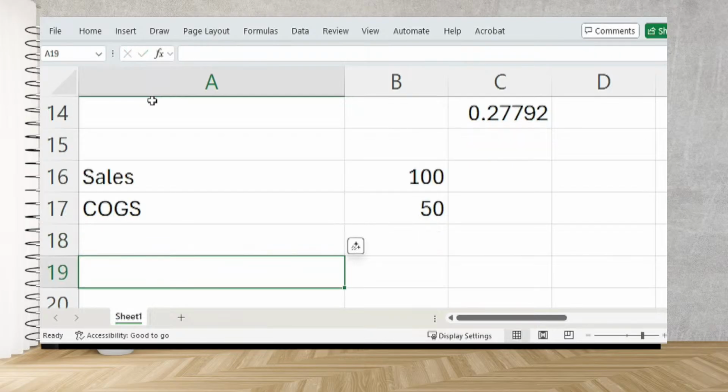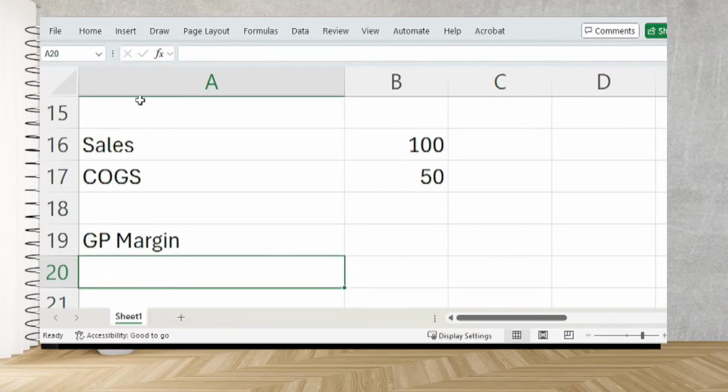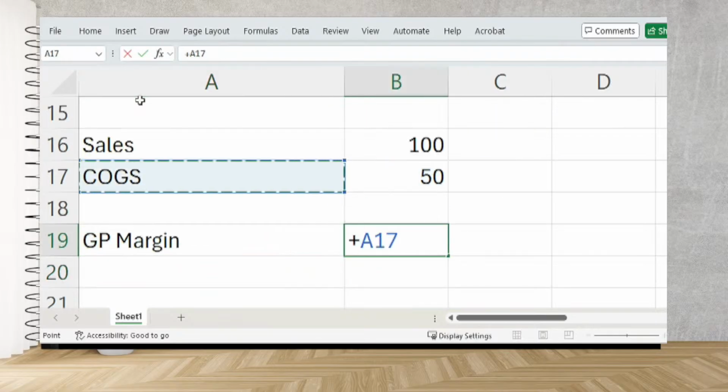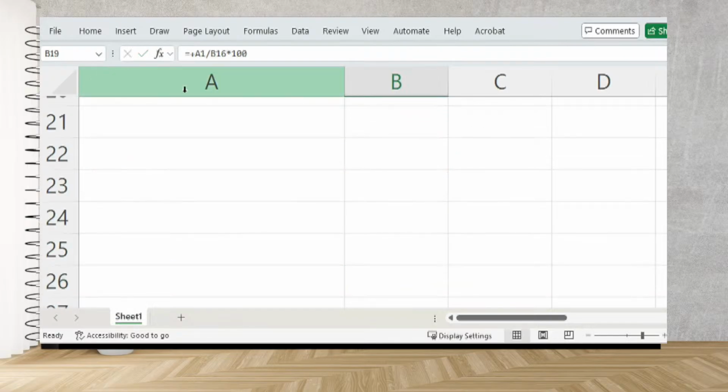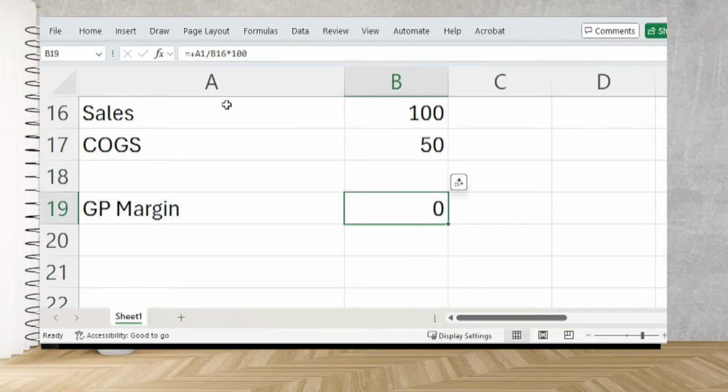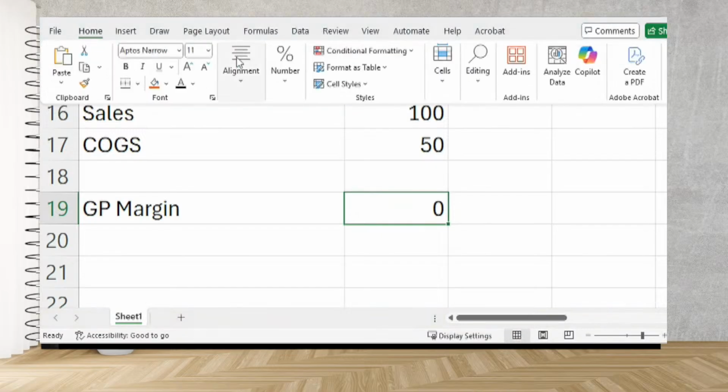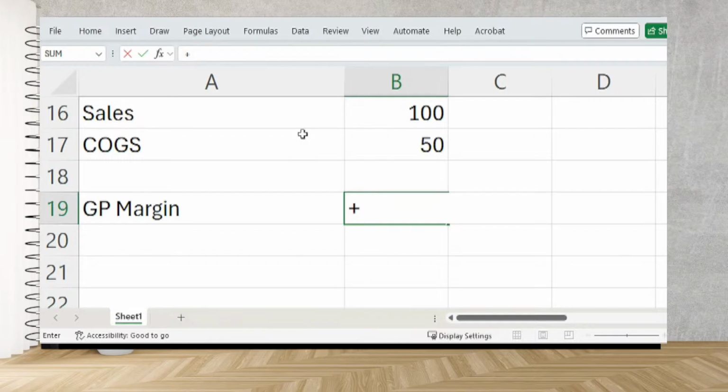Okay. So what is the GP margin? It is basically this divided by this, multiplied by 100. So this is my GP margin. Yeah, 50%.